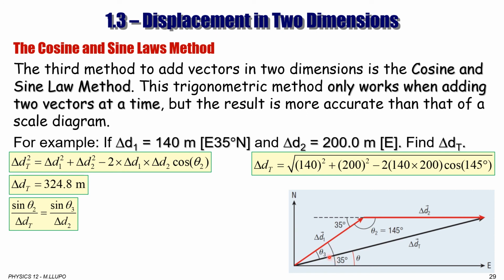Now we are going to look for the angle in that triangle using sine law. Then we can say this angle here, theta, is equal to 35 minus theta 3. So theta 3 is in the front of delta D2. So we know sine of this angle over the side is equal to sine of this angle over this side.